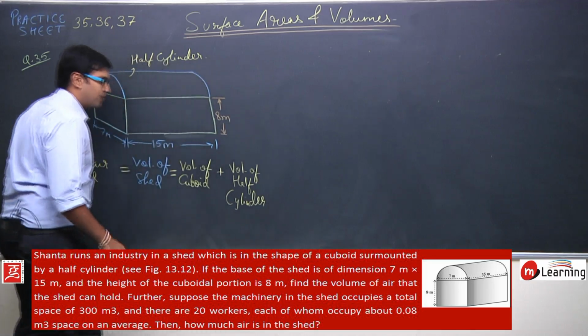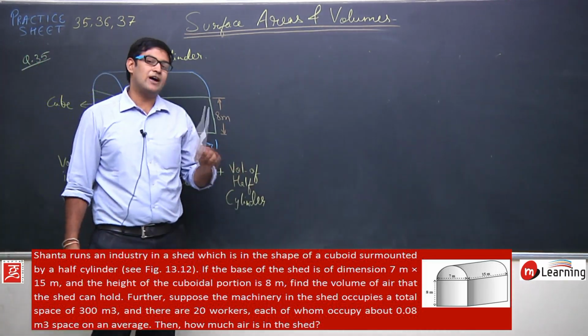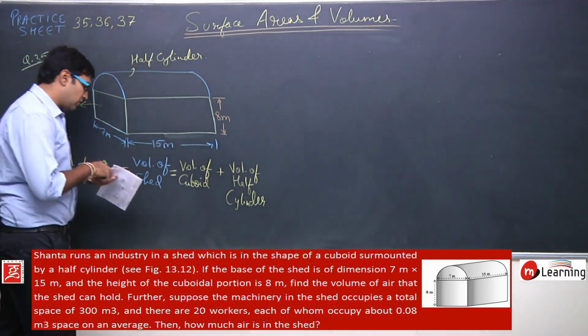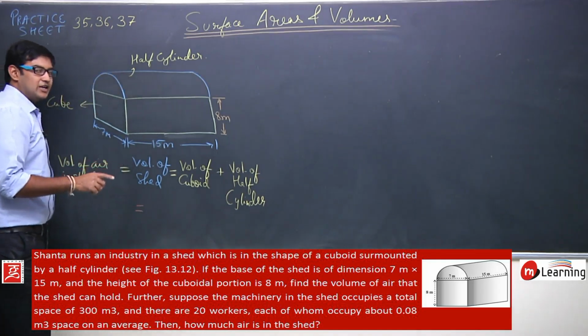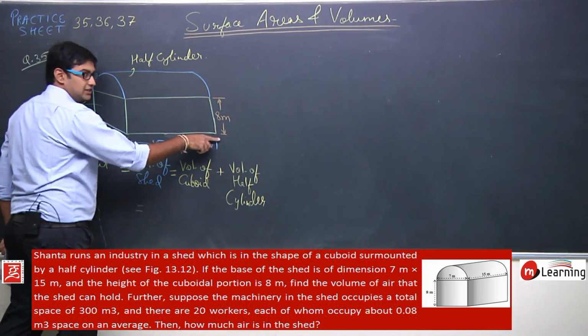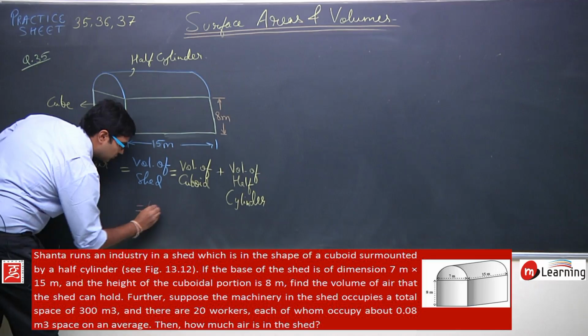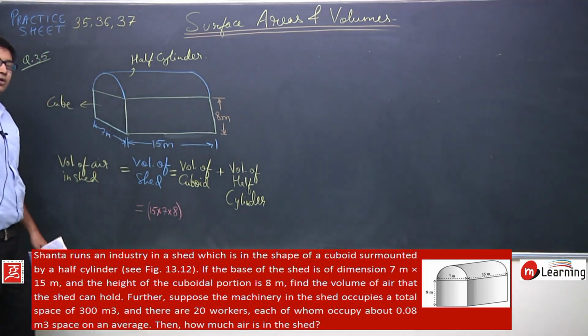Because it is made up of two parts, it will include the volume of cuboid as well as the volume of half cylinder. Now what is the volume of this cuboid? Volume of cuboid is equal to length into breadth into height. I can see this is the length, this is the breadth, and this is the height. So volume will be 15 into 7 into 8. This will be the volume of the cuboid.